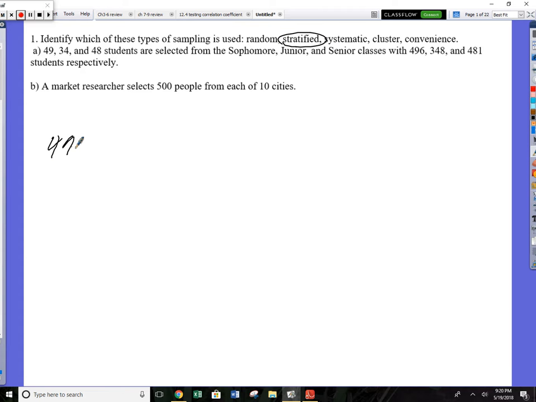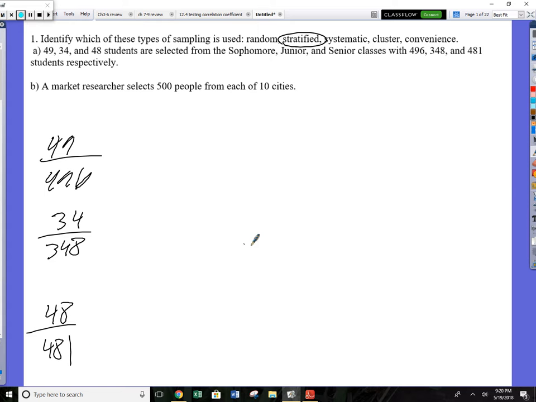So if you randomly interview 49 of the 496, 34 of the 348, and 48 of the 481, you divide them into groups, divide them into strata, and then you have to randomly sample a proportionate amount from each strata.